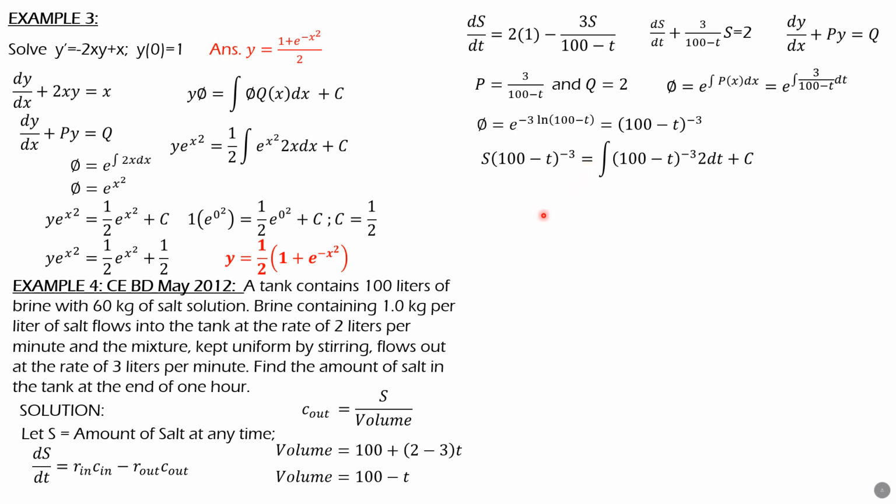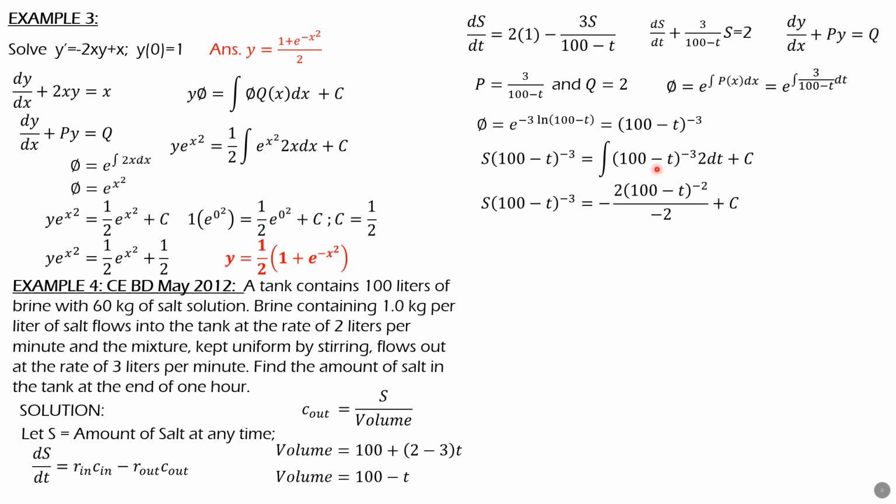So S times 100 minus t to the negative 3 is equal to negative, just focusing on this integral, 100 minus t to the negative 2 over negative 2. And this is already negative 2, because if you let u be 100 minus t, the differential is negative dt. So that's why we make this negative 2, plus c.